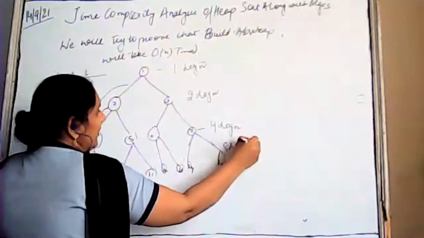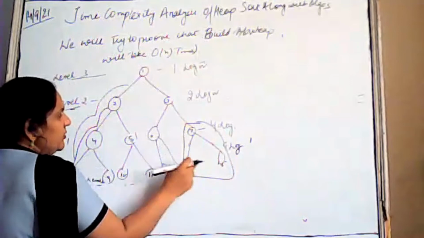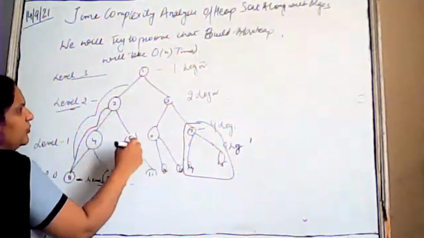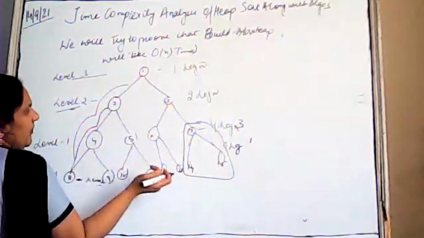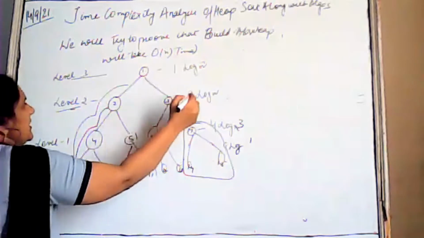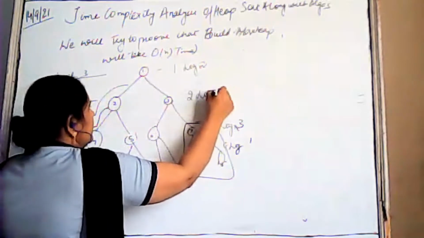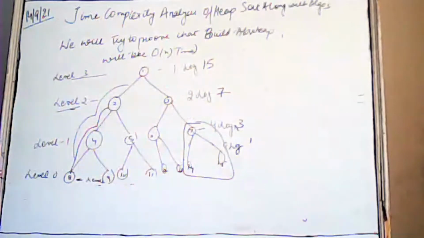So this will become 1. Here, this tree has how many nodes? 3 nodes. So 4 nodes with 3 nodes each. So 4 log 3. 2 nodes with how many nodes? 1, 2, 3, 4, 5, 6 and 7. These are 7 nodes. So instead of this, 7. And here you will put 15 because total nodes in this tree are 15.